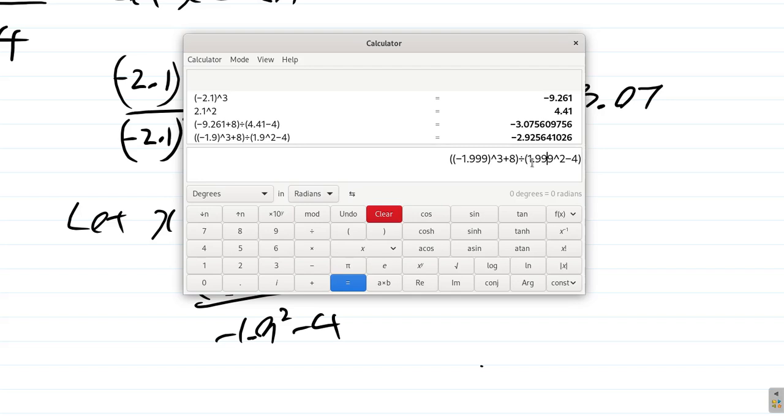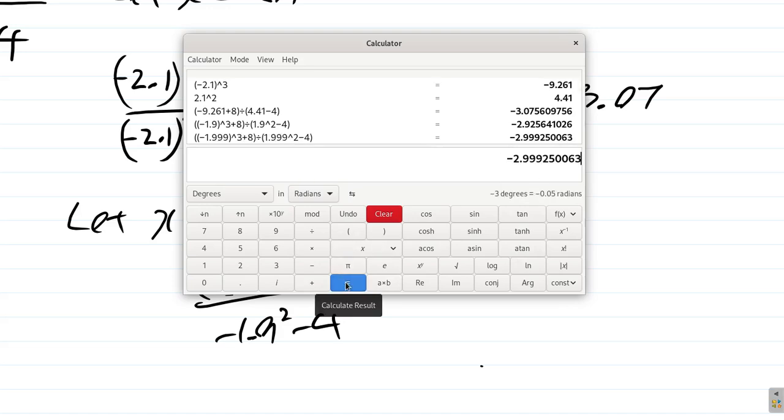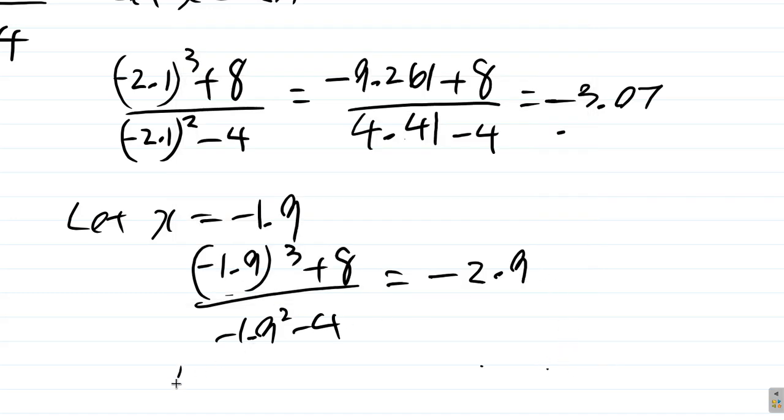I didn't put a negative in front of this one because when you square it, it turns out to be positive anyway. Let's see where this would go. It's even closer to negative 2. Let's see what happens. Negative 2.9999, very close to 3. So you can see the limit is negative 3. Limit is negative 3.